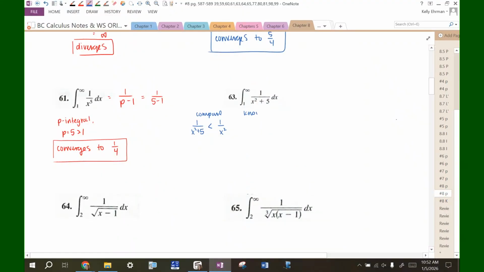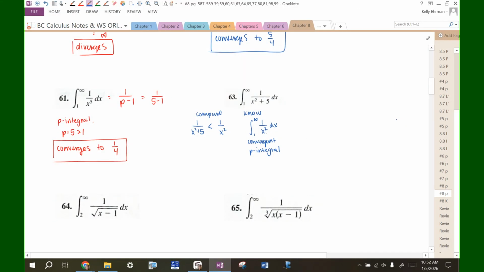And I know that the integral from 1 to infinity of 1 over x squared dx is a convergent p integral. That's because p is 2, and that's greater than 1. What that means, remember, is that this function approaches 0 fast enough that its area is finite.